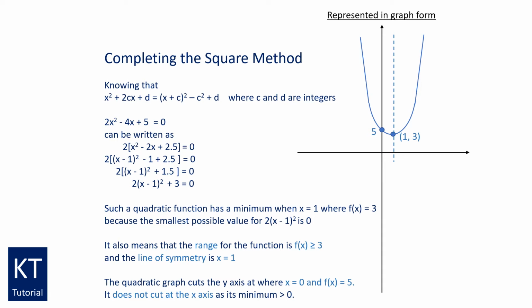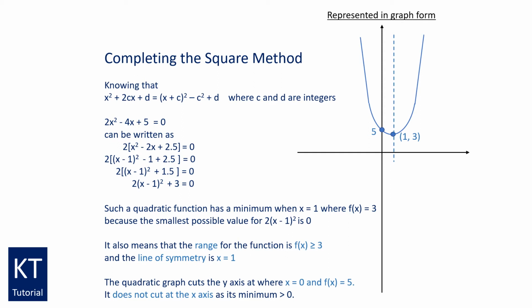Such a quadratic function has a minimum when x equals 1, where f(x) is 3, because the smallest possible value for an expression with a square is 0. It also means that the range for the function is f(x) larger than or equal to 3, and the symmetry is at x equals 1.